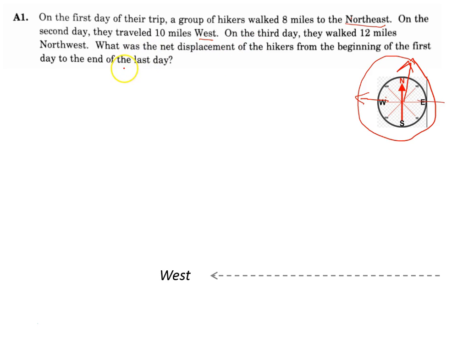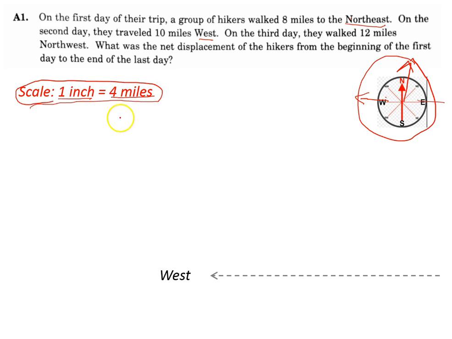First day, 8 miles to the northeast. Before we do that, we need a scale. Because of the size I have and the displacements I'm dealing with, I feel like this is an appropriate scale: 1 inch on my paper here will equal 4 miles of their actual travel.